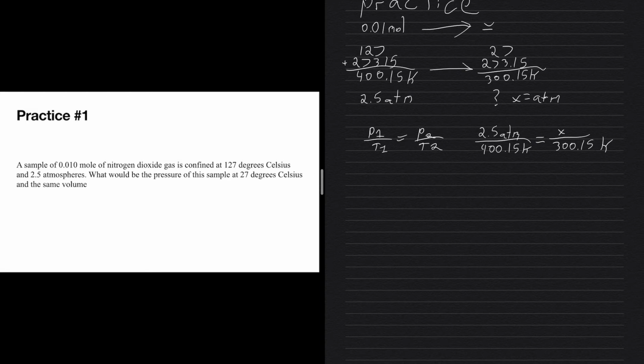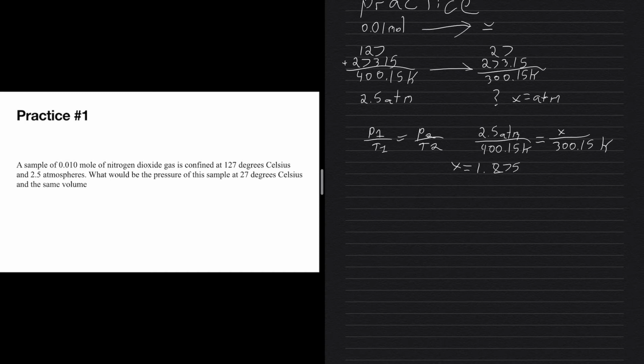So we know that 2.5 over 400.15 is equal to x over 300.15. You just put that into your calculator, click the solve button, and I'm going to get that x equals 1.875.